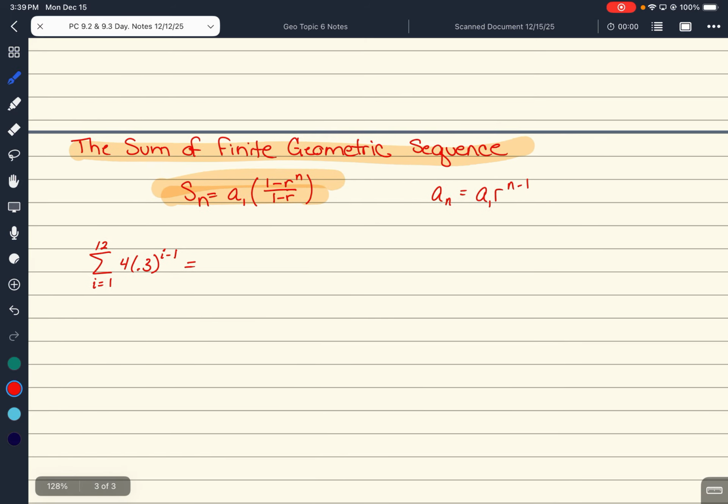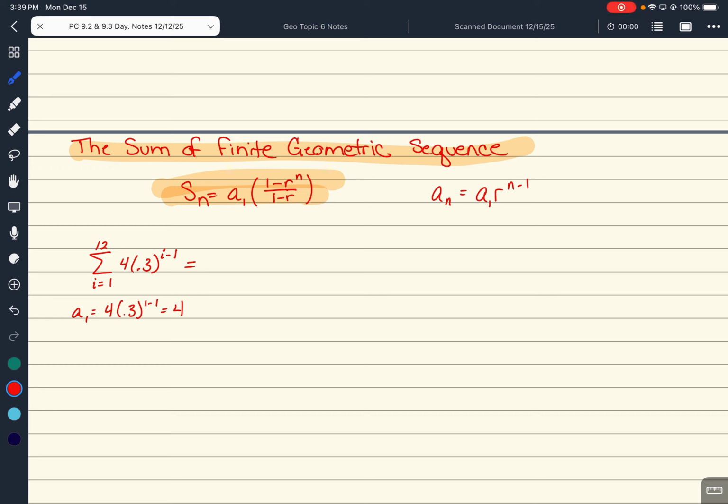So a sub 1 I get by plugging in 1: 4 times 0.3 to the 1 minus 1, which is 0. Anything to the 0 power is 1, and 1 times 4 is 4. a sub 1 is not always the thing. If you start at 0 and not 1, it's not going to be 4.